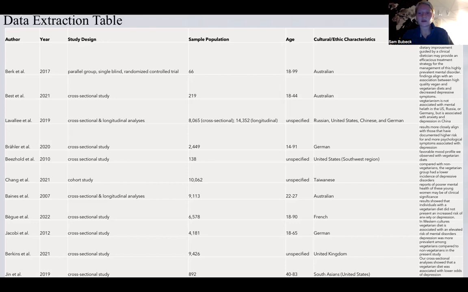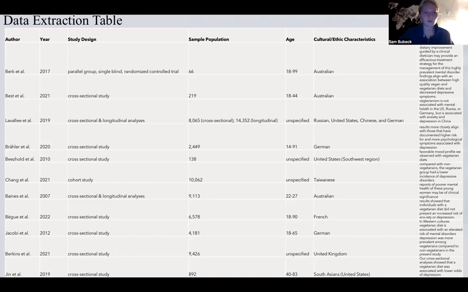The results more closely align with those that have documented a higher risk for more psychological symptoms associated with depression. So we have two studies so far that have supported these positive impacts of plant-based eating on mental health conditions. And now we have two that are flip-flopping and saying that, okay, in specific areas in China and then now in Germany, there has been an association.